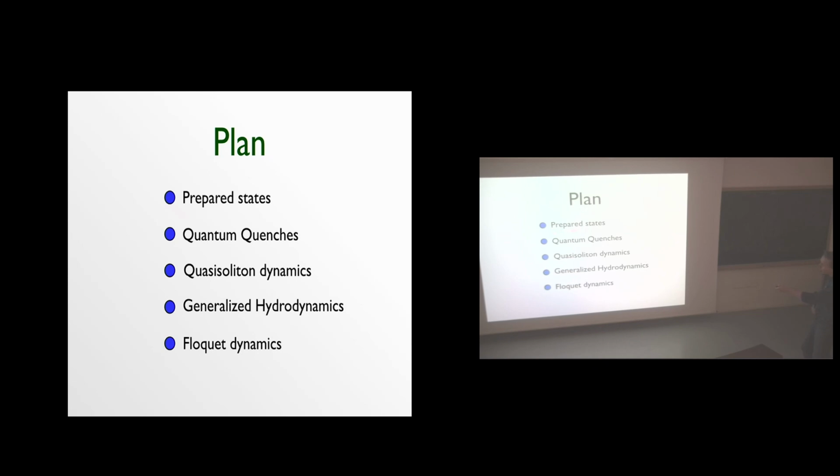So prepared states and quantum quenches, in a sense, are the same thing. I'll talk about effective ways of understanding out of equilibrium things from integrability using notions of quasi-solitons and how generalized hydrodynamics comes from that. And at the end, I'll show you a couple of examples of Floquet dynamics, so truly driven systems where we can say stuff based on either exact calculations or drastic simplifications.